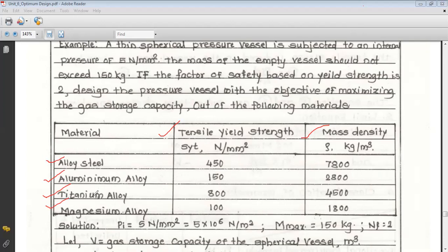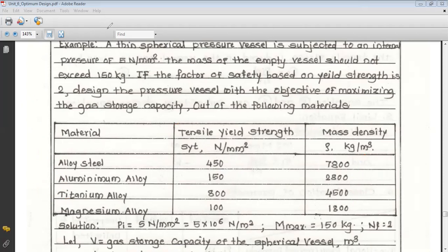The SYT for these 4 materials are 450, 150, 800, 100, and the mass density is 7800, 2800, 4500, and 180. So this is the problem, that is optimum design of pressure vessel based on Johnson method of optimum design for normal specification.